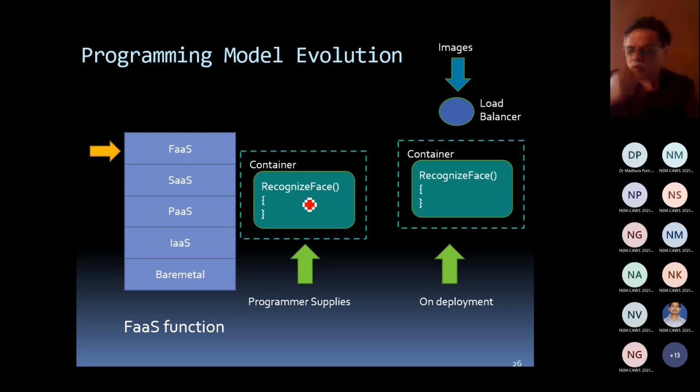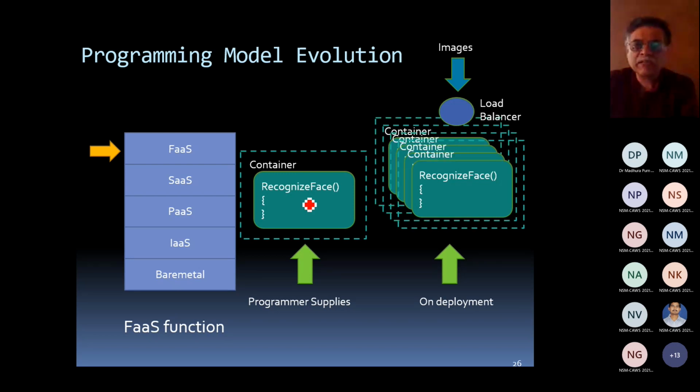As the load goes up on the system, it scales by adding multiple instances of this container. So the load balancer is responsible for pushing requests to multiple containers. This is how function as a service works.